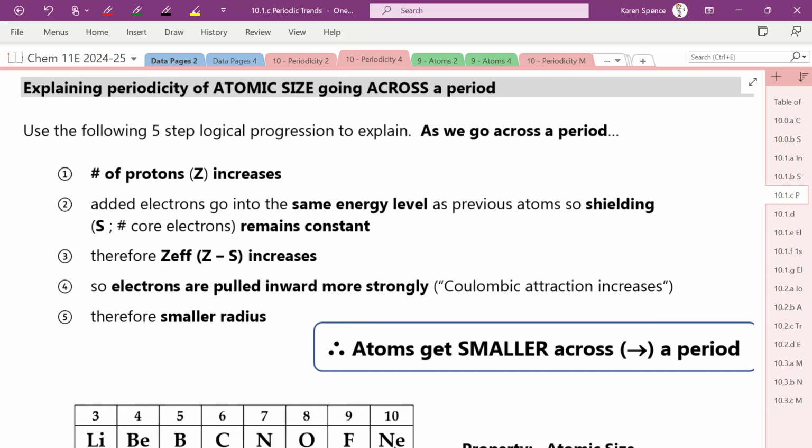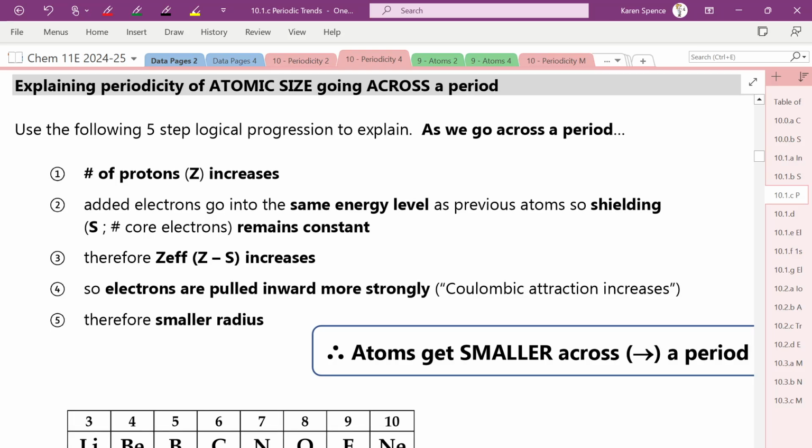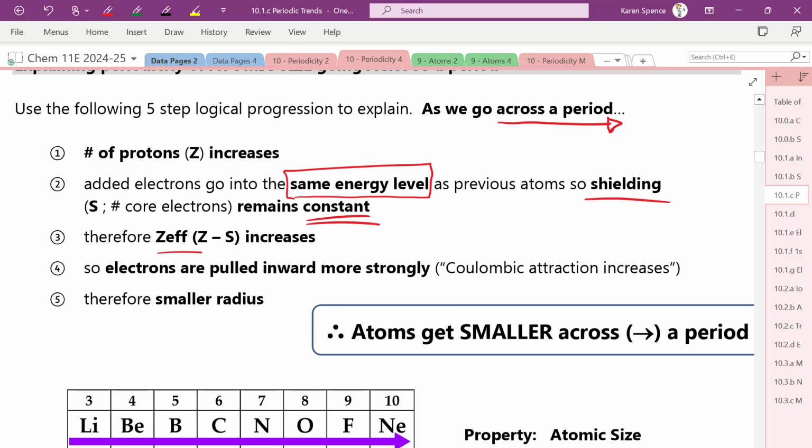We have a 5-step logical progression. The number of protons increases as we go across a period to the right. The added electrons go in the same energy level, so the shielding remains the same. However, protons increases, so Zeff increases.